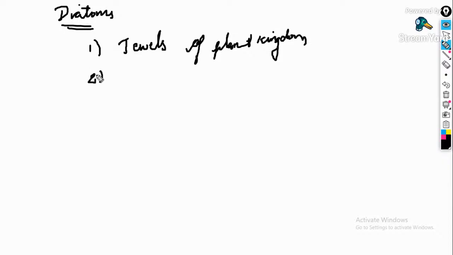Second one, their body is made up of a component called silica. Third point, their plant bodies look like a soap box.